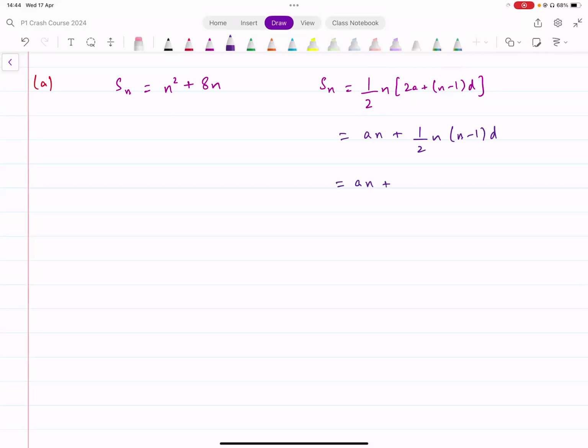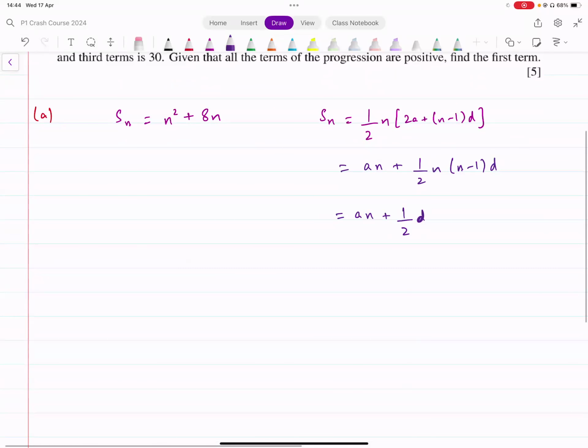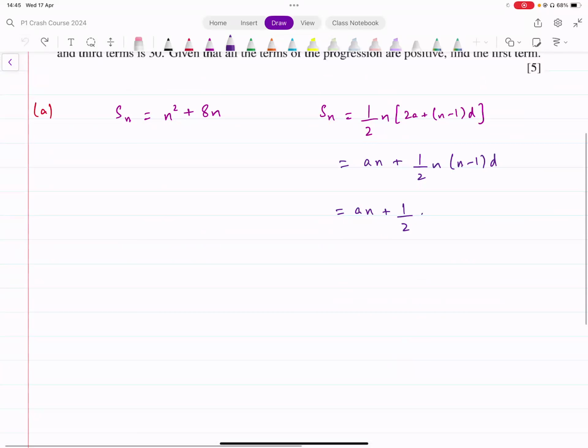It becomes an plus half n into d. Let me write it like this first, to make it less confusing, half into dn into n minus 1. So I've multiplied d first, and then you multiply it inside the bracket. So it becomes half dn squared minus half dn.